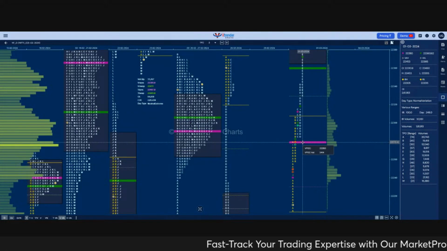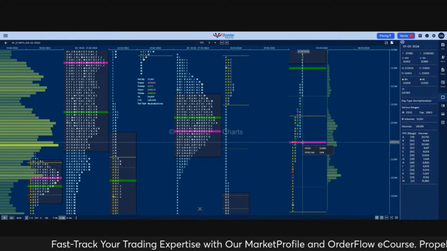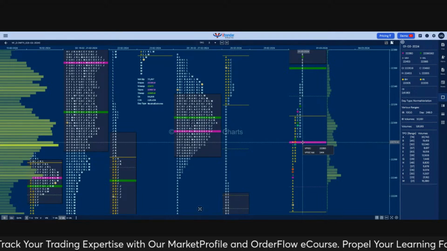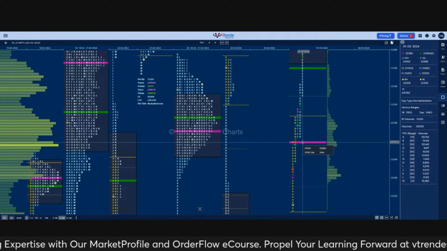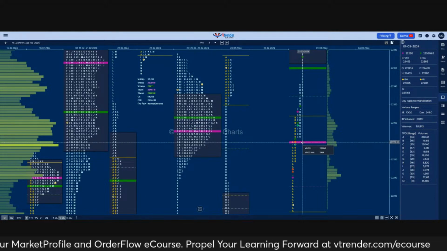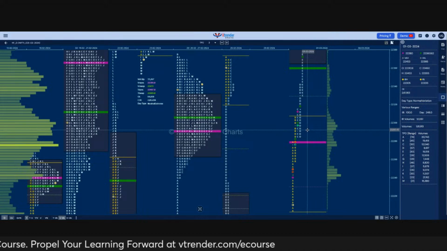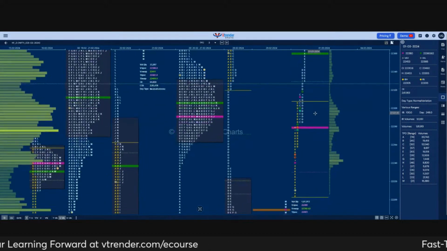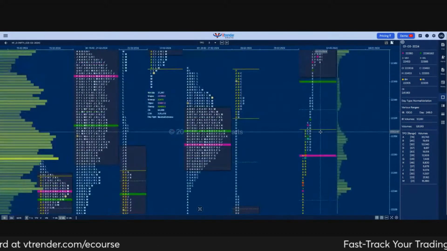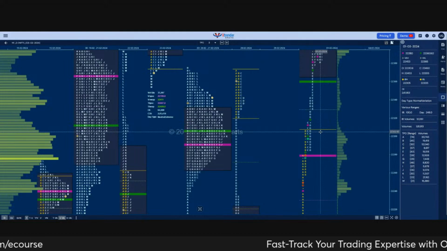So in case the POC had shifted to the top, we could have safely assumed that most of the longs had booked profits. But with the POC being at the lower end, this is still looking as if it can give some more imbalance to the upside. So this is what we need to look for in the Nifty futures.